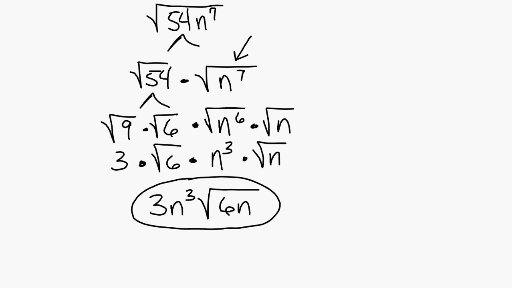Try this. Negative m times the square root of 80m to the 9th. Again, your first step is to break it apart.